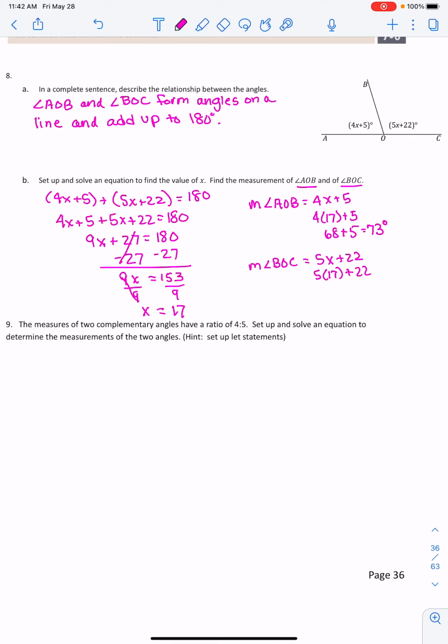So 5 times 17 is 85 plus 22, which is 107. So it's 107 degrees.